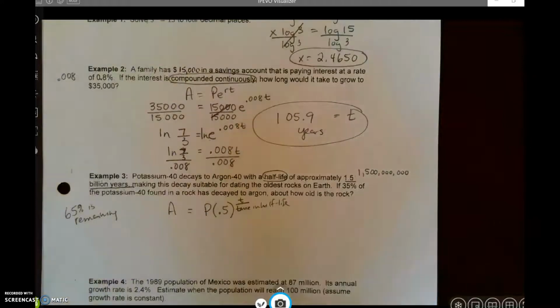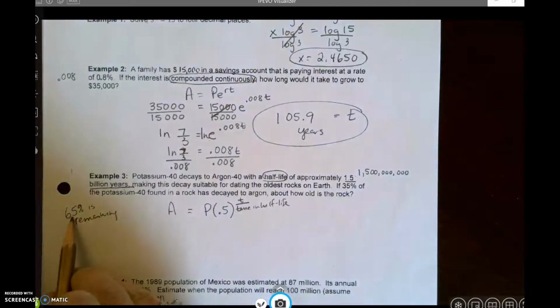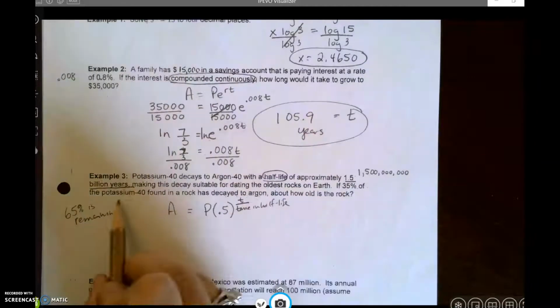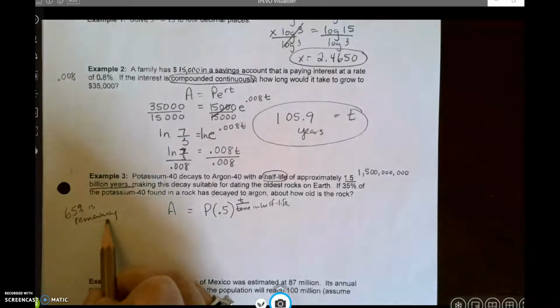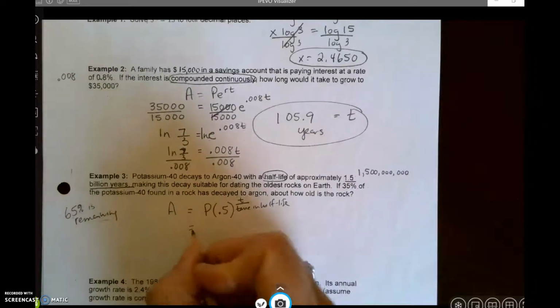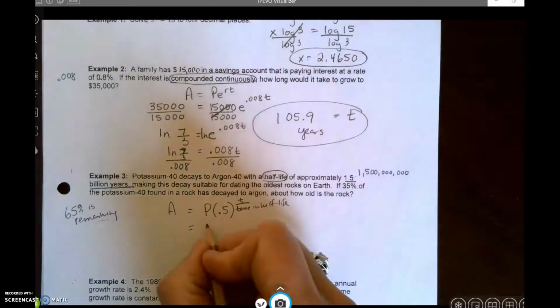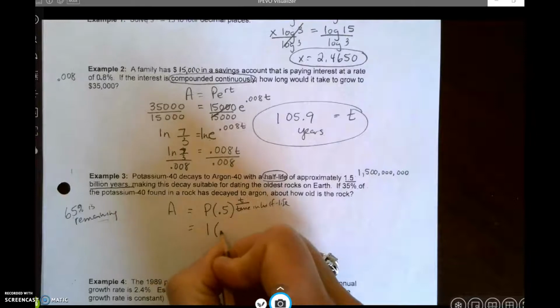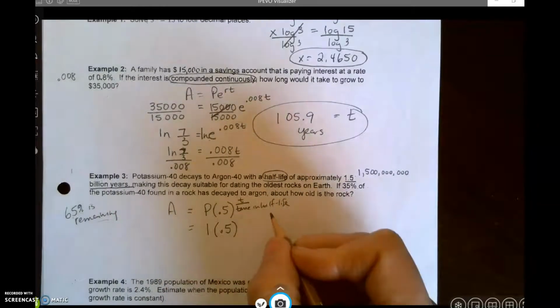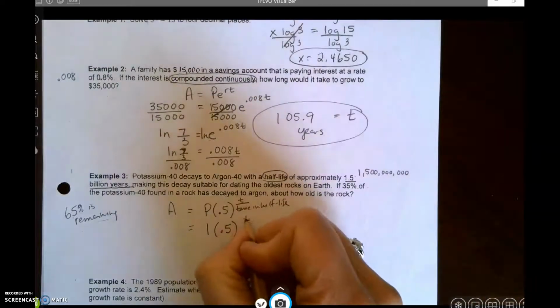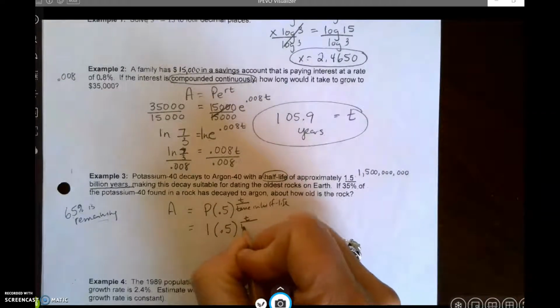Not the amount that's gone, but the amount that's remaining, which is why I wrote over here, if 35% has decayed, 65% is still remaining. So we started off with one rock. I guess we can put a 1 there. It decayed at a half-life. Our total time, we don't know. That's what we're looking for, but we know what our time in a half-life is.